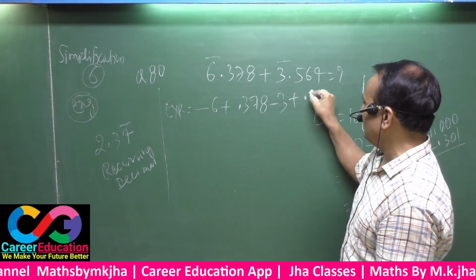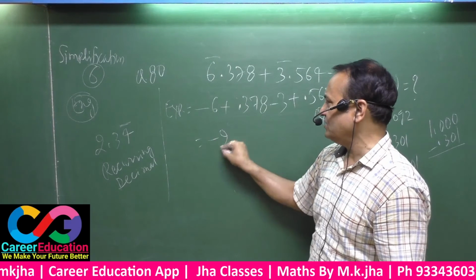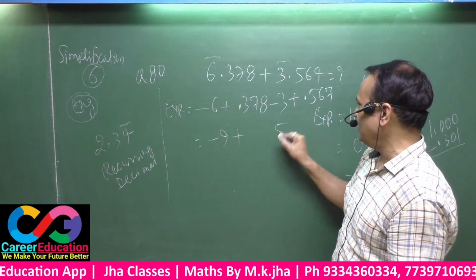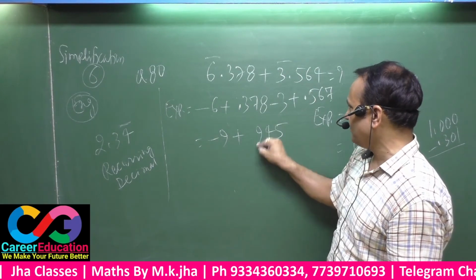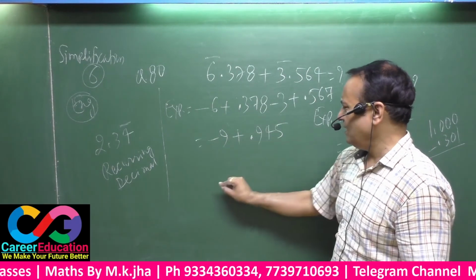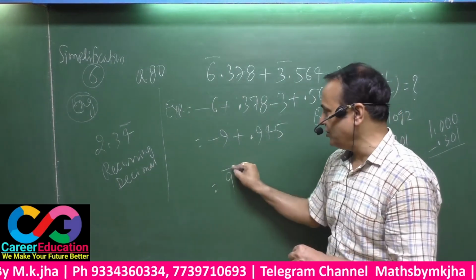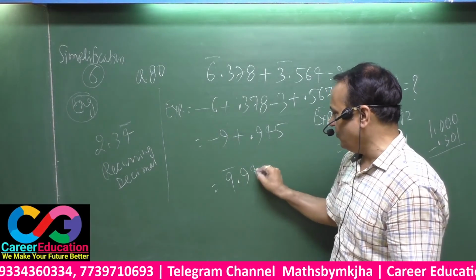plus 0.567. Now this is minus 9. This is minus 9 plus 7, 8, 15, 7, 6, 13, 1, 14, 5, 3, 8, 1, 9. Again 9. This minus sign will be put here as a bar, 0.945.